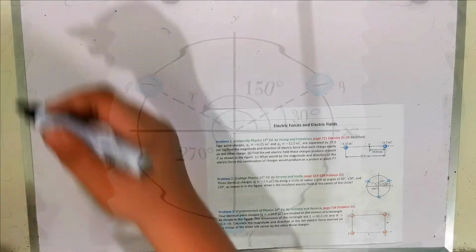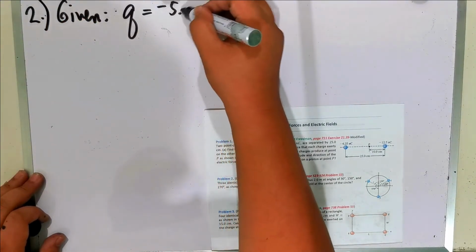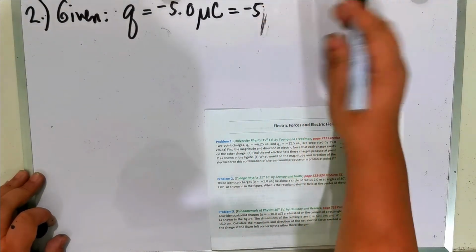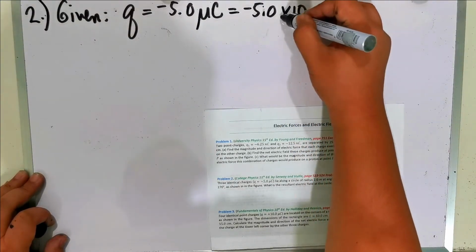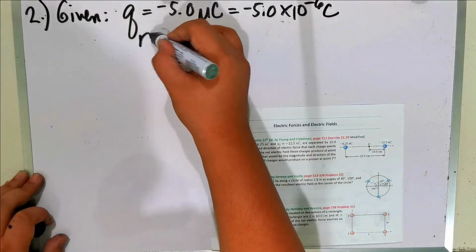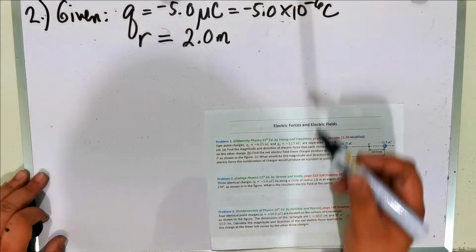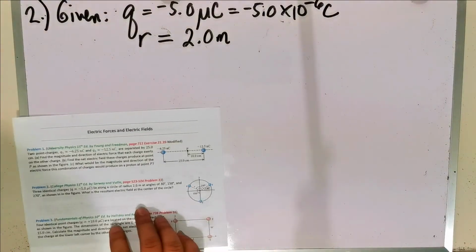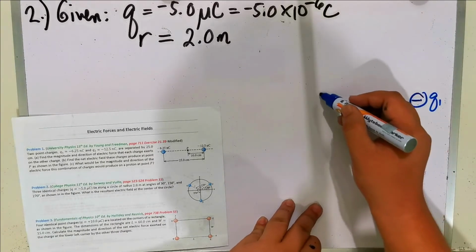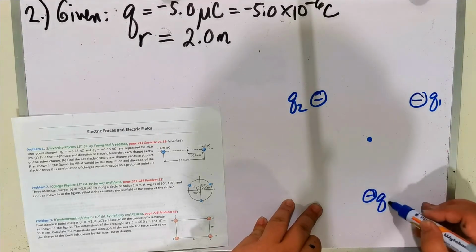So for problem number 2, we are given the charge Q, which is negative 5.0 microcoulomb, or negative 5.0 times 10 to the negative 6 coulomb, and you have the R. The distance of each charge from the origin, or from the center, is 2.0 meters. If we first analyze the problem, this is our Q1, this is our Q2, this is the point P, and this is Q sub 3.